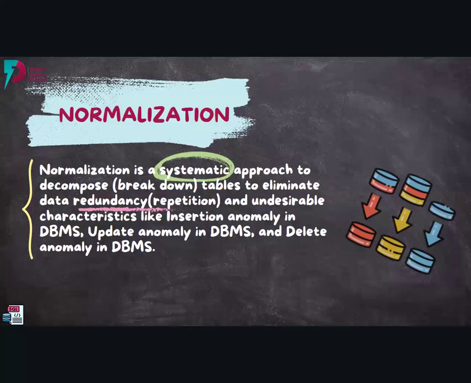As simple as that. I'll repeat. We can say it is the process of organizing data within a database to eliminate data anomalies. It's simple, all right? In simple terms, it involves breaking down the database into smaller tables.